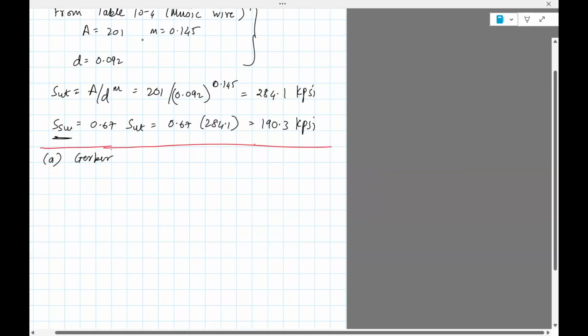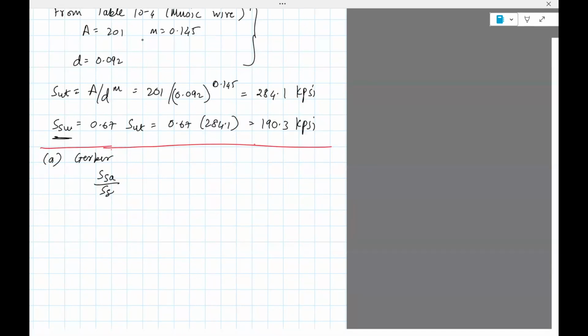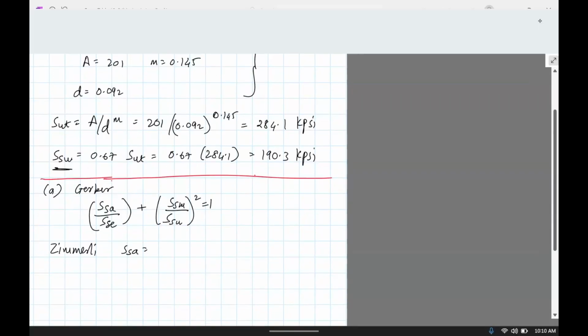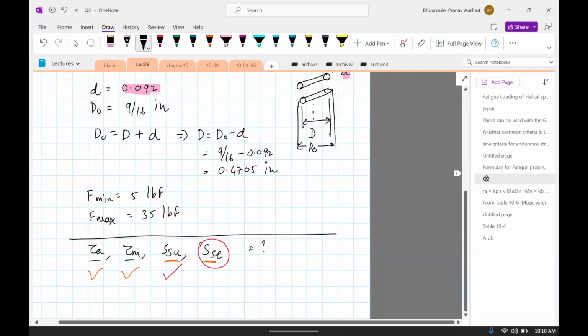For Gerber, we know the equation is SSA divided by SSE plus SSM divided by SSU, squared, equals 1. And we know from Zimmerli data that SSA is, so what is it, peened or unpeened? We have to go back and check. I think it's unpeened.